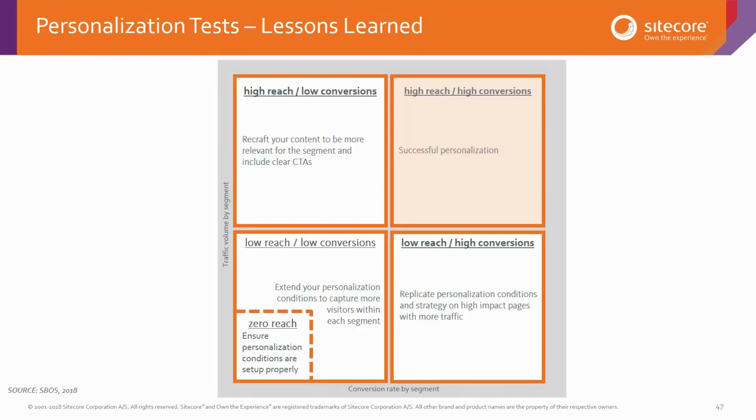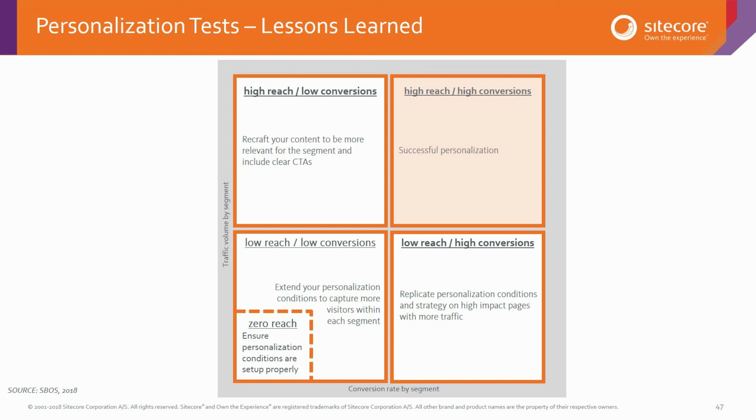So here's a framework that we like to use in the SBOSS team while measuring personalization tests. It's a 2x2 that shows reach and conversions, and the goal is for your test variants to get into that top right box, so with high reach and high conversions. But those 3 days of the week that didn't perform as well, they had high reach, but low conversions, and that just means it's an opportunity to go back and recraft the content, make sure it's relevant for users.